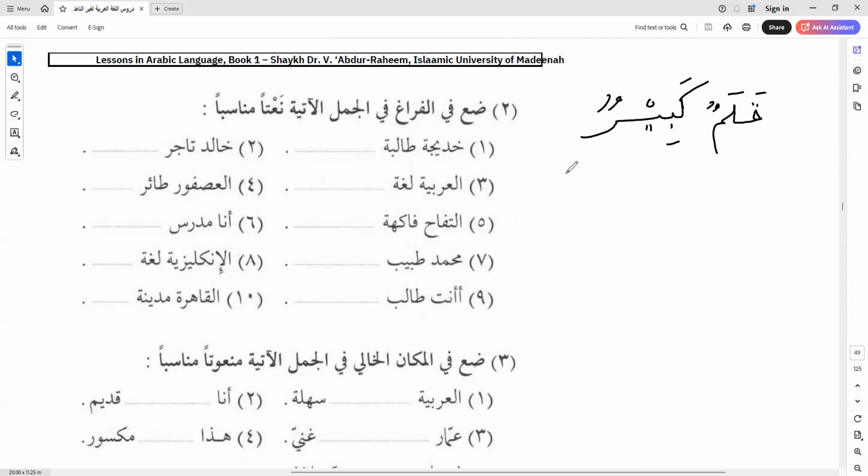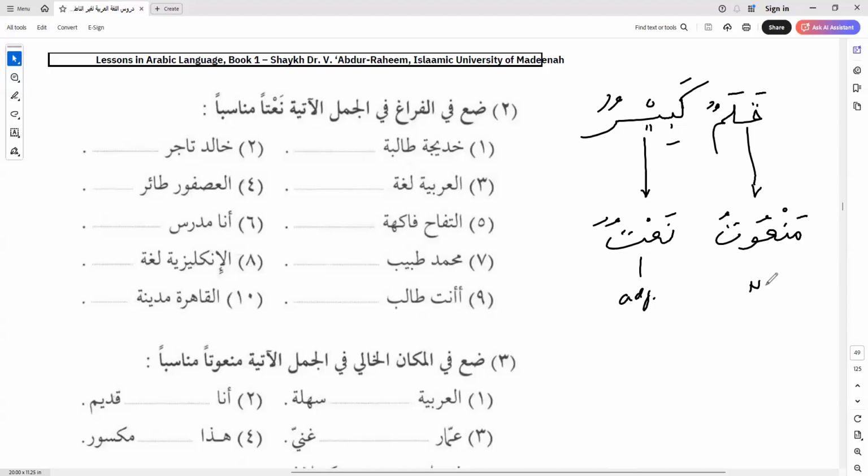Now, which one is the na'at? Which one is the man'ut? This is the na'at, and this is the man'ut. So this is the adjective and this is the noun.